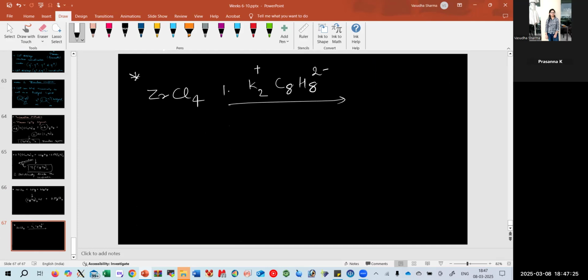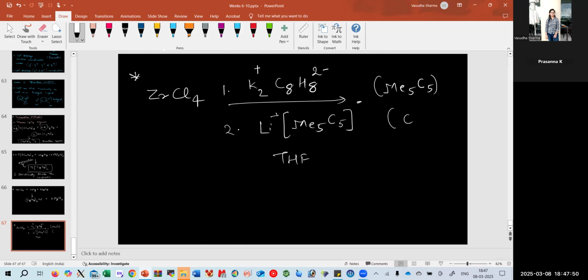Secondly, you're treating it with methyl cyclopentadienide, C5 positive and negative, in THF solvent. That means you're giving it a source of both ligands: one is cyclopentadiene as well as C8H8. So it would form a complex with both the systems, C8H8 zirconium chloride. So this is your complex.